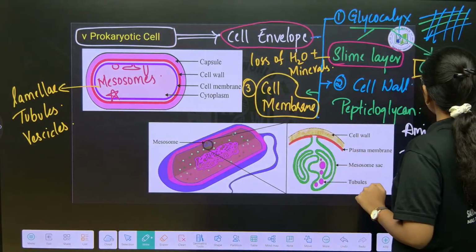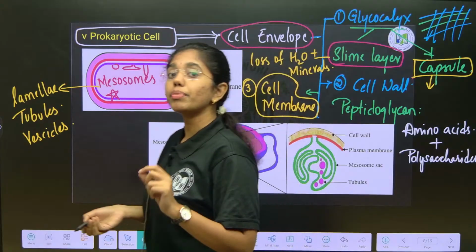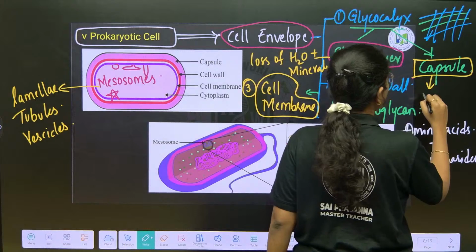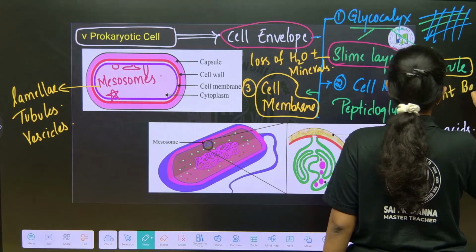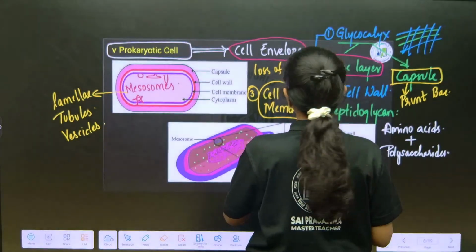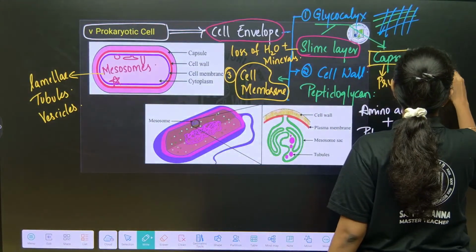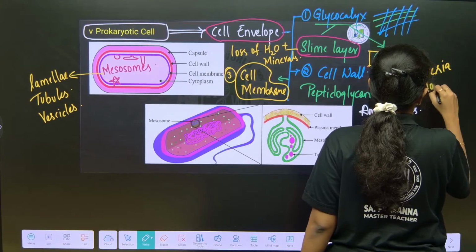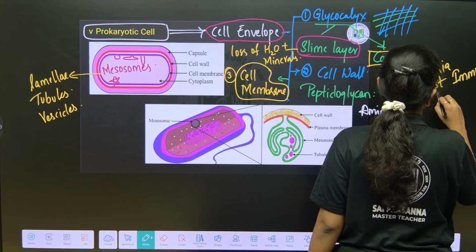The benefit to the bacteria is it will prevent the bacteria from the attack of the host immune system.